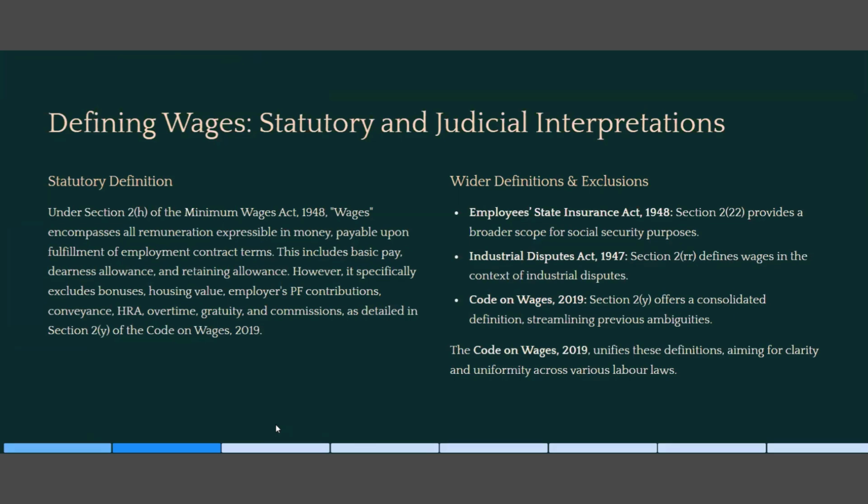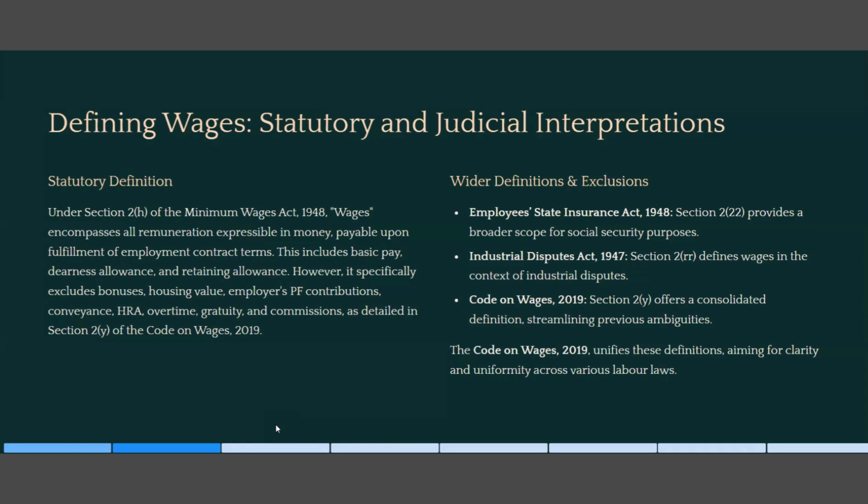However, it specifically excludes bonuses, housing value, employer's provident fund contribution, conveyance, HRA, overtime, gratuity, commissions as detailed in Section 2(y) of the Code on Wages 2019. Wider definition and exclusions.